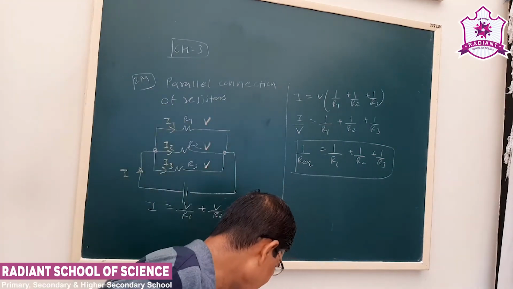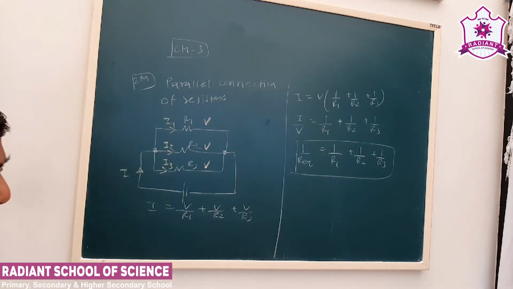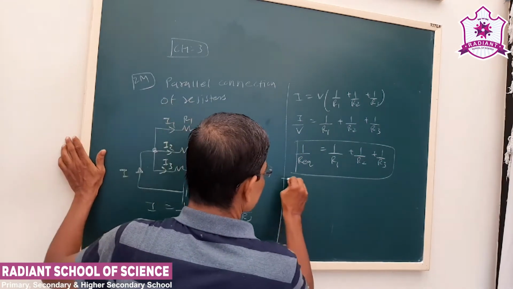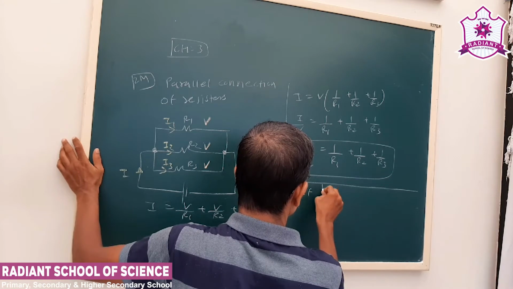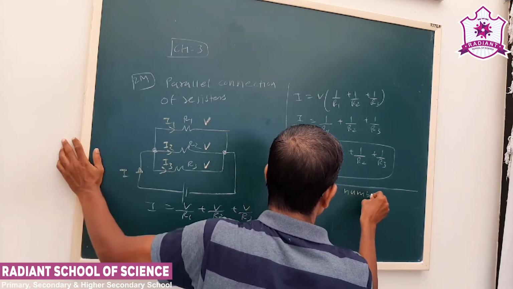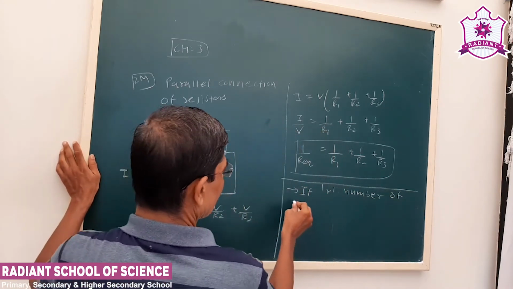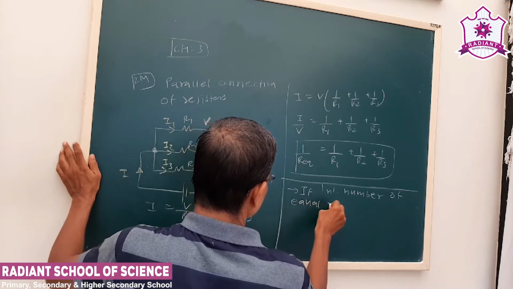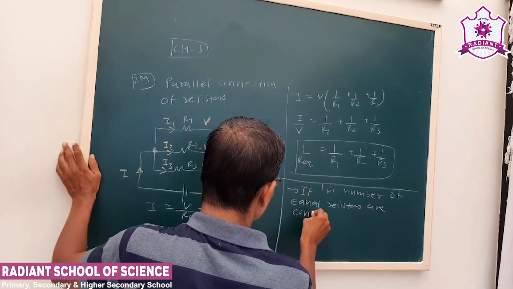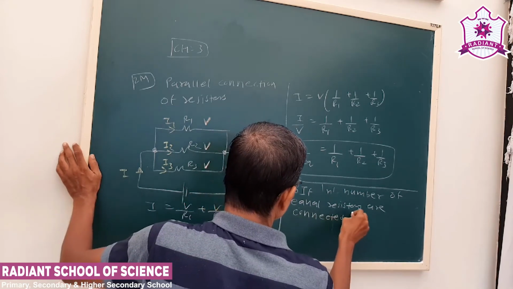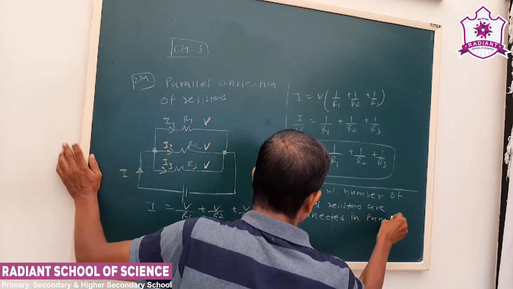Now see if n number of equal resistors are connected in parallel.